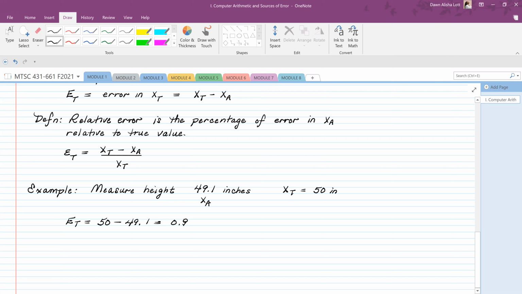So now 0.9 is not that bad. So I'm going to take 0.9 and divide by 50. Oh, I should say, and we multiply this by 100 in general.